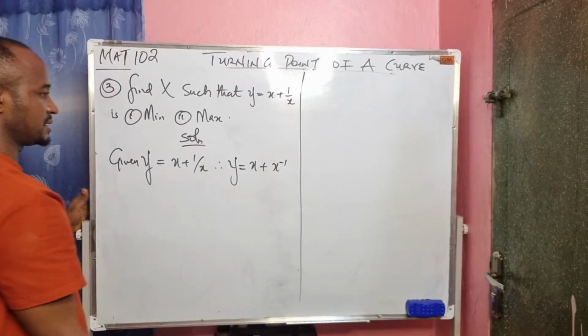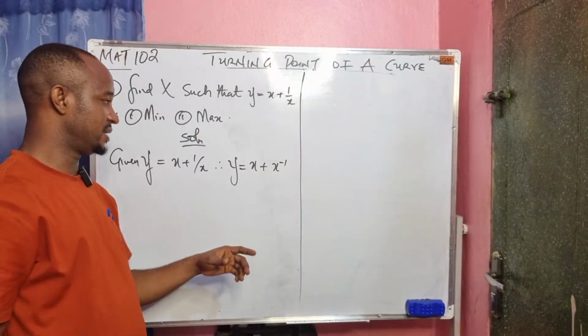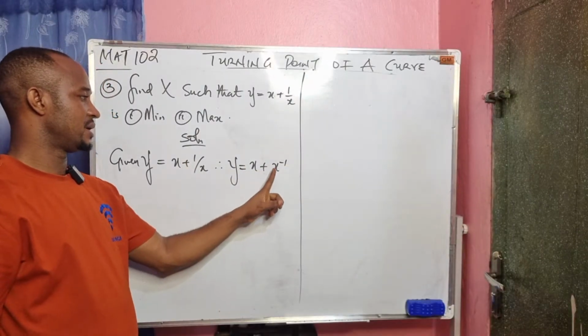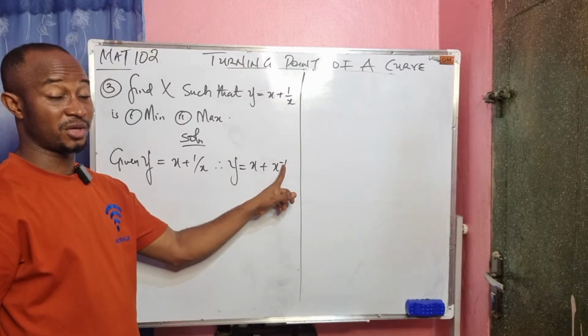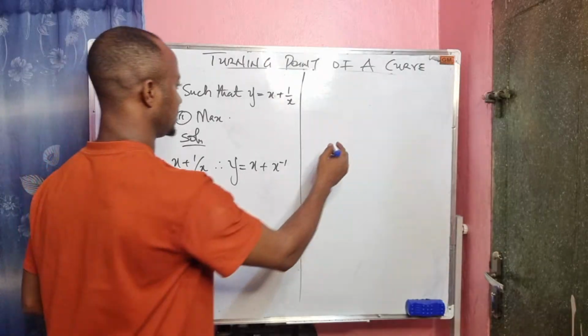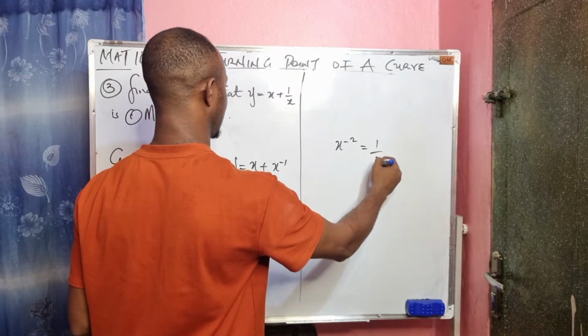This is the negative power law of indices. If I have x to the power of minus 2, this is the same as 1 over x squared.